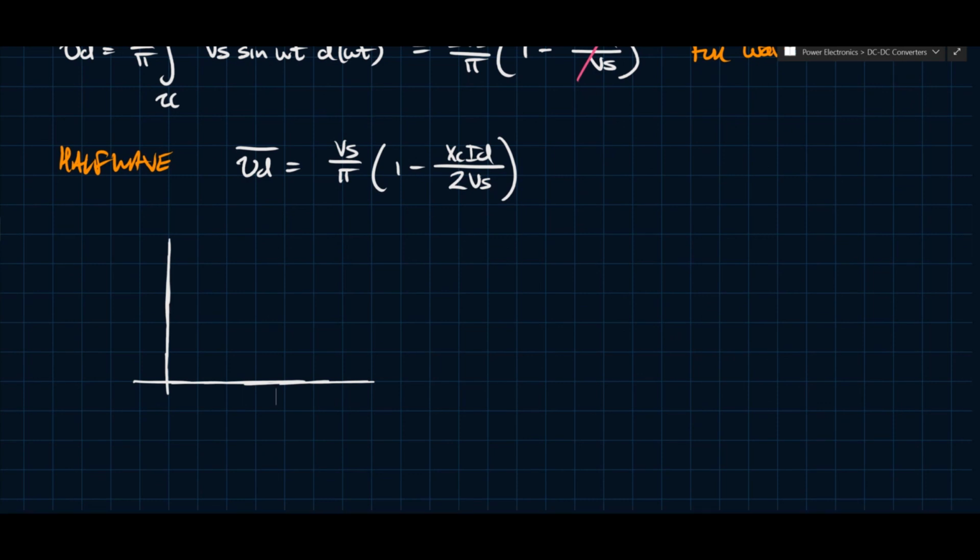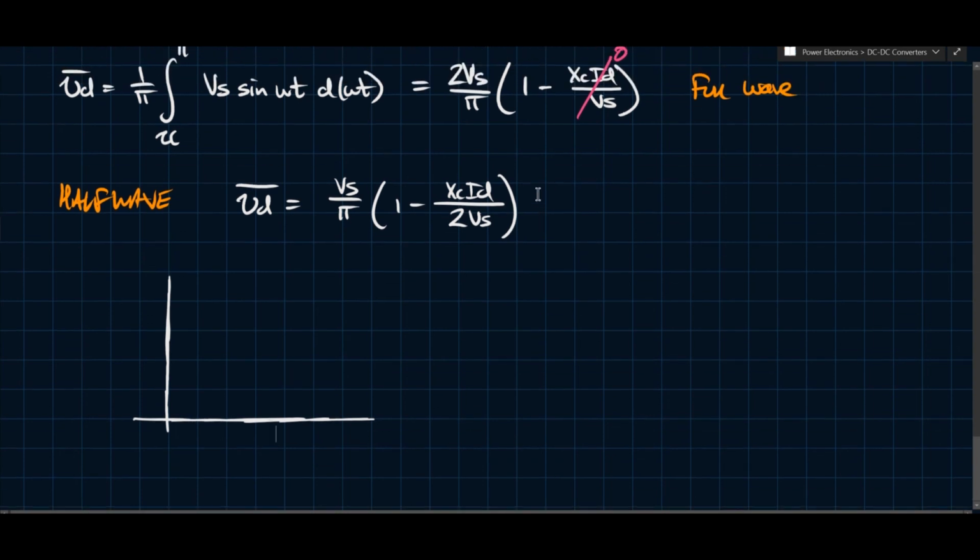So we often call this term VD0, whatever that term is. And if that's VD0, well, they can't both be VD0, can they? So VD0 is going to be this one.